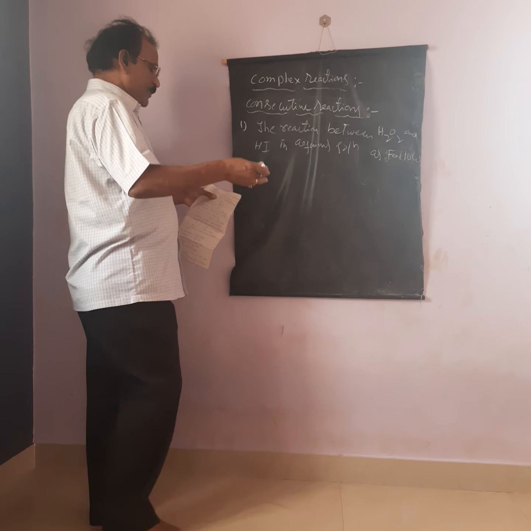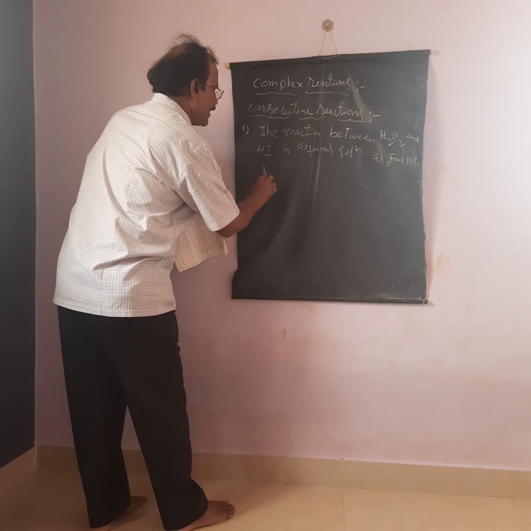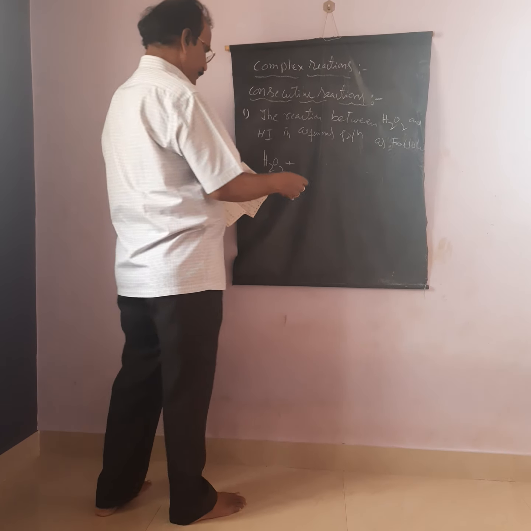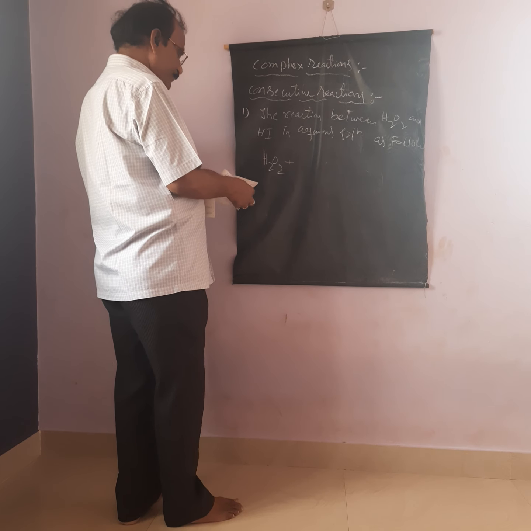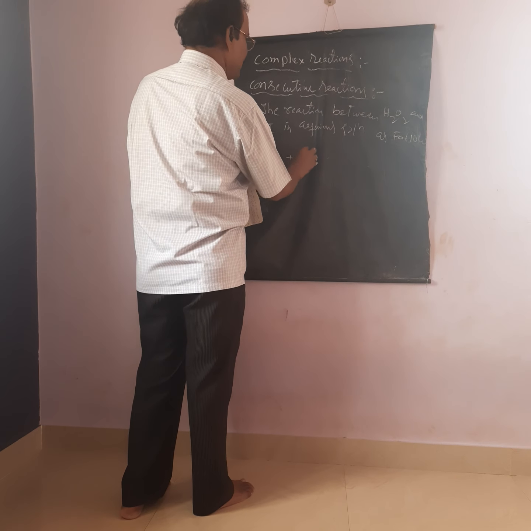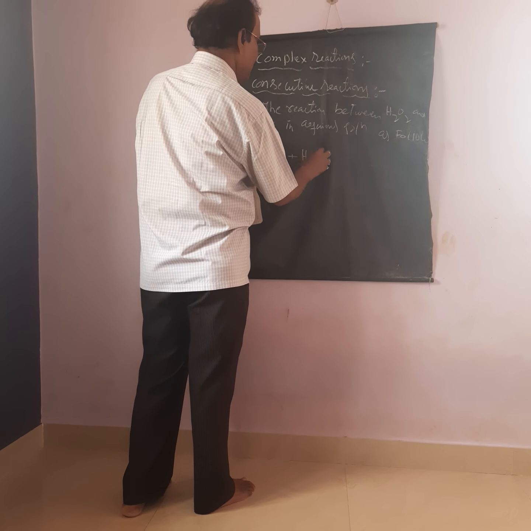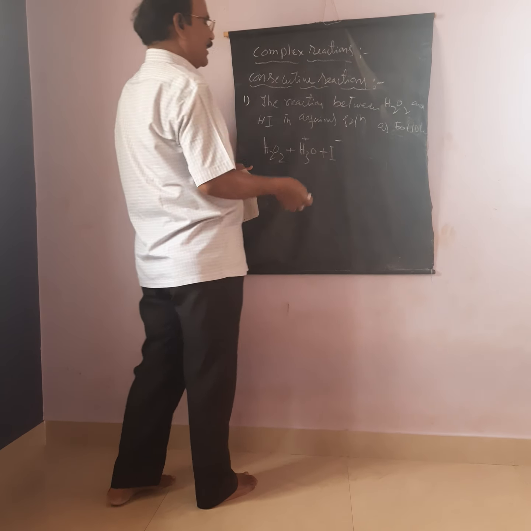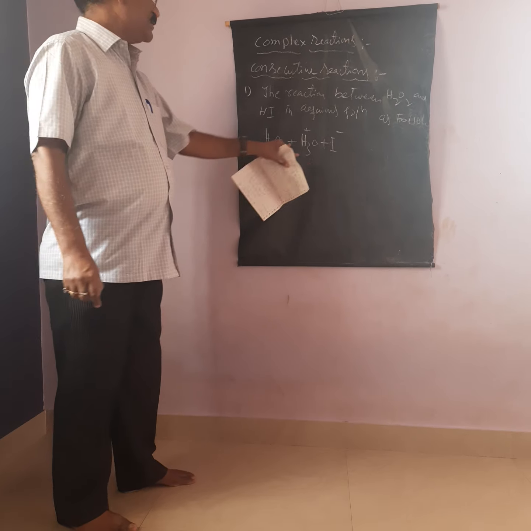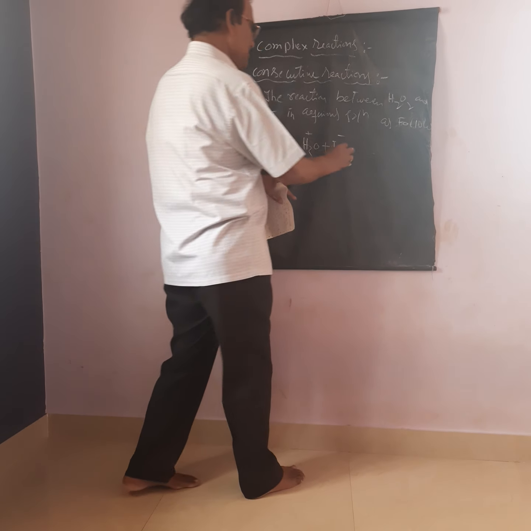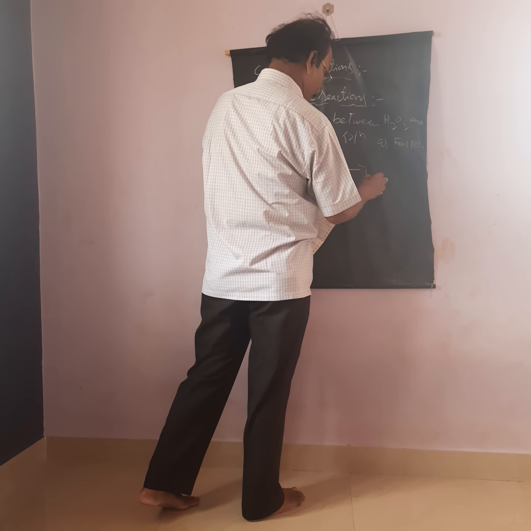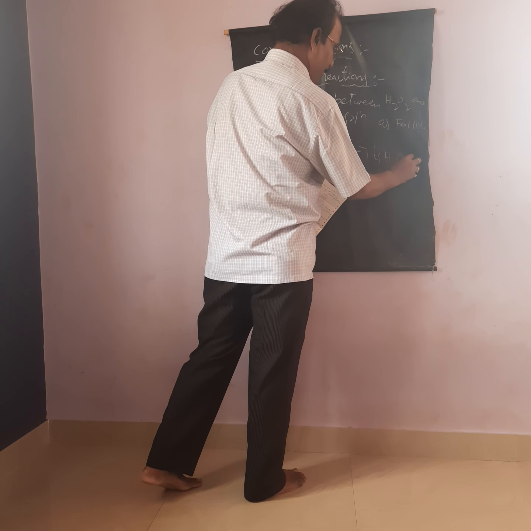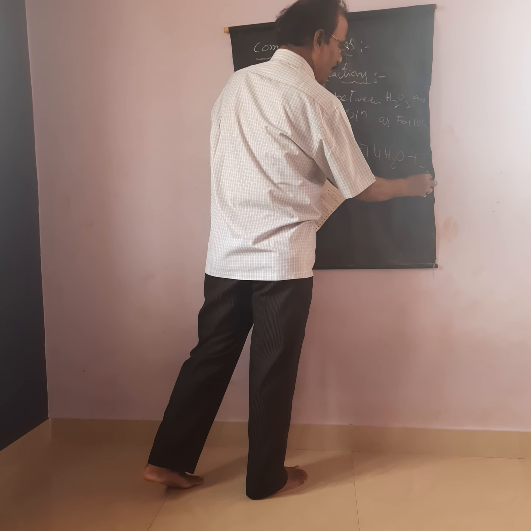It is written as a single step reaction: H2O2 plus HI. In aqueous solution, HI plus H2O gives H3O plus and I minus, and gives the products, 4 molecules of water plus 1 molecule of iodine.